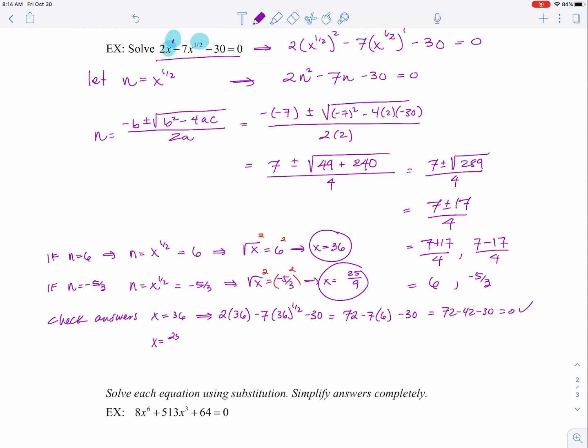For x equals 25 over 9, we have 2 times 25 over 9 minus 7 times the square root of 25 over 9 minus 30, which is 50 over 9 minus 7 times 5/3 minus 30, which is equal to 50 over 9 minus 70 over 9 minus, well, 30 over 1 is going to be 270 over 9, and that is not equal to 0.